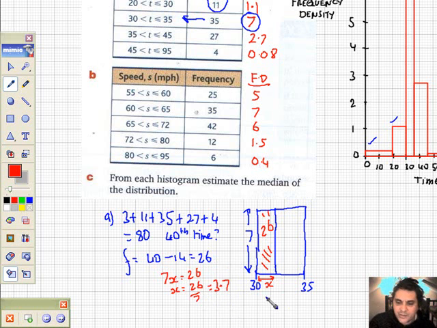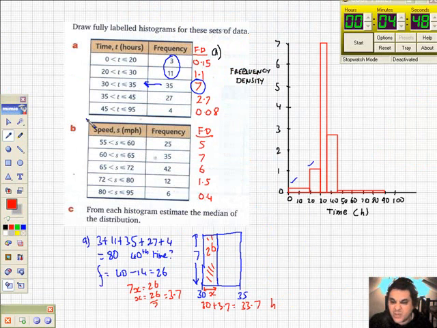Therefore, if the width is 3.7, then the median is going to be 30 plus that extra 3.7, which gives me 33.7 hours. And as you can see, that very clearly fits within the 30 to 35 bar, so we know we got it right.